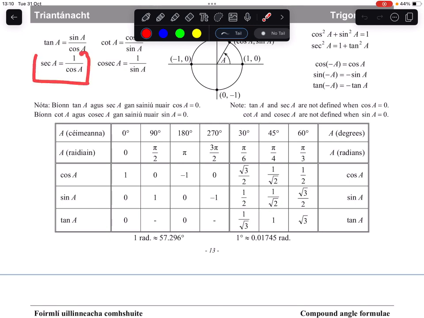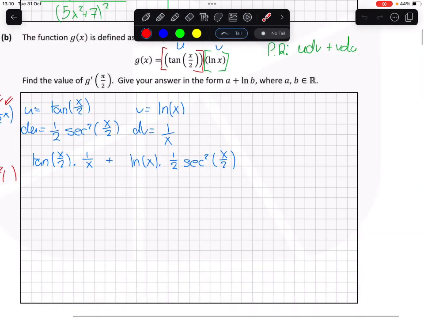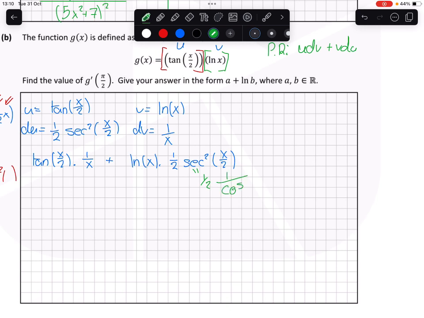If sec of a is equal to 1 over cos of a, it means that sec squared of a is equal to 1 squared all over the cos squared of a. So right here we have a half times sec squared, as we said, was going to be 1 over cos squared of x over 2. And it just makes it a little bit easier to deal with.